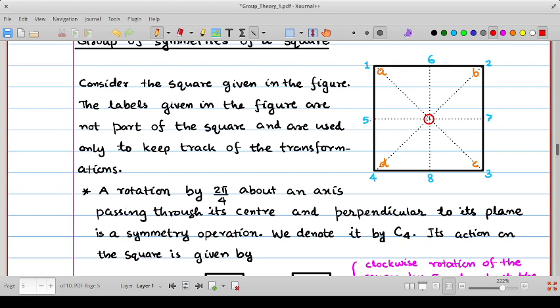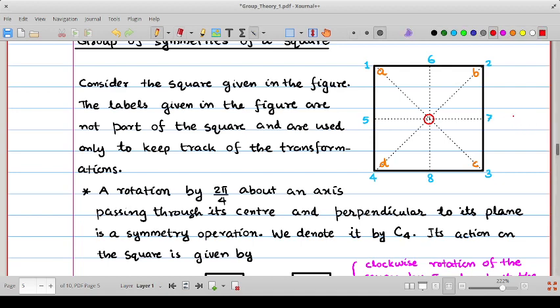Now, calling this 5, 7 line the x-axis, we may call this particular reflection operation, say, mx.